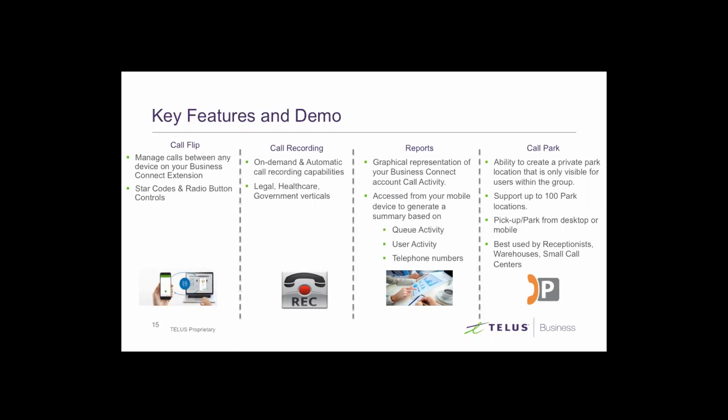And in the automatic call recording capabilities, this is where the organization can set up a number of parameters associated with call recording: recording inbound calls, outbound calls, the entire organization, specific users, specific groups. Typically we've seen value associated with that with specific industries like the legal, healthcare, government verticals that have benefited greatly from these types of initiatives and the ability to control those things.